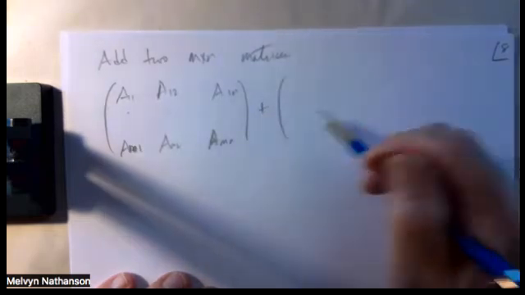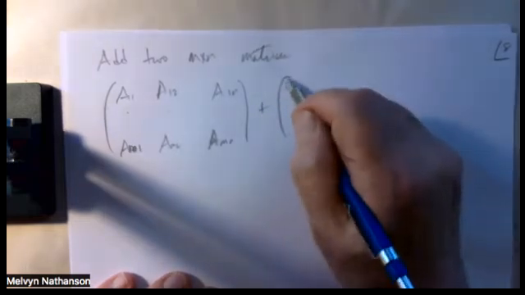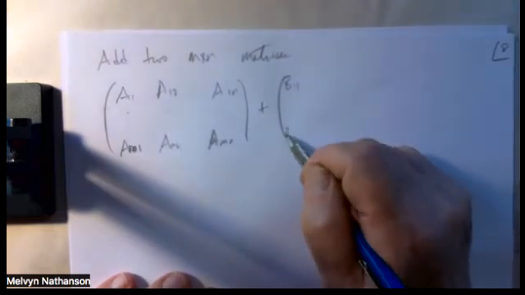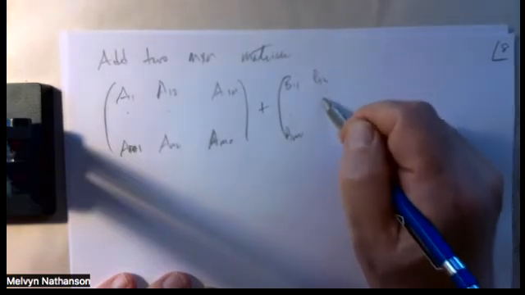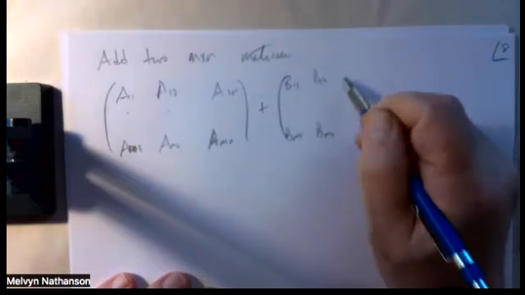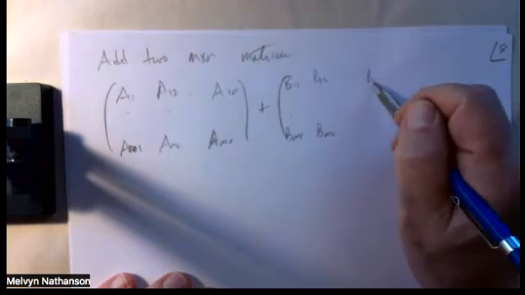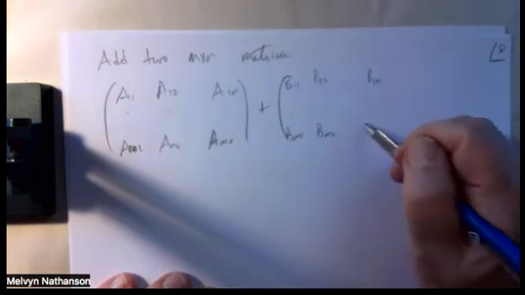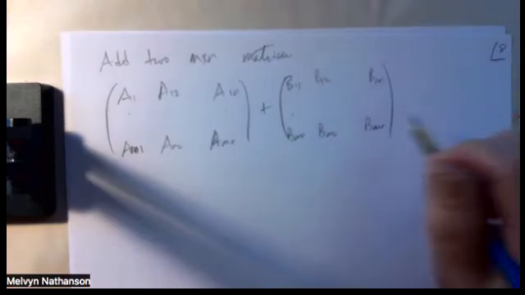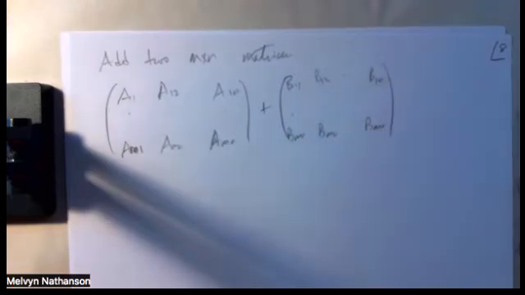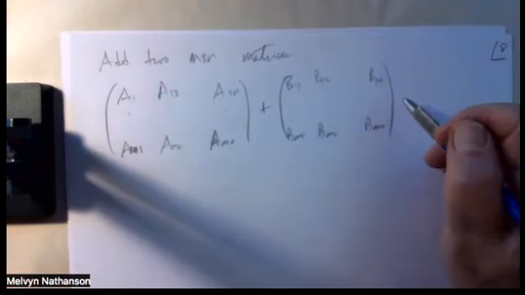And I take another matrix of exactly the same shape, say B11, BM1, B12 down to BM2, B1n down to BMn. And you add just by adding the coordinates in the same location.